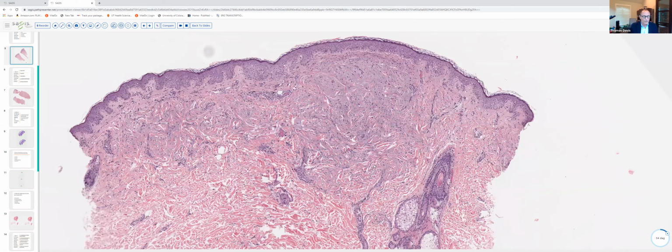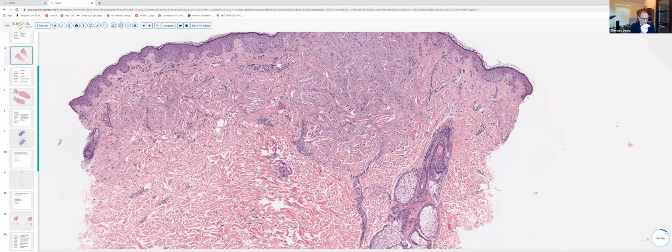Again, these two conditions, Lichen myxedematosus and Scleromyxedema, run kind of along a spectrum. Of course, with Scleromyxedema, one gets more extensive involvement with lesions and hardening of the skin.